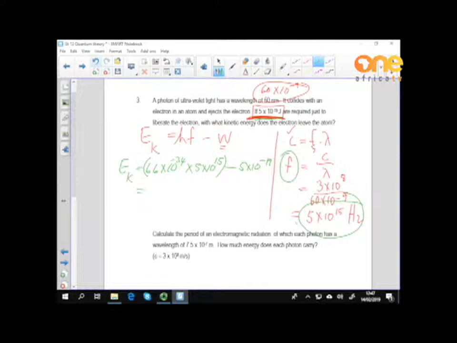It gives me 3.3 times 10 to the power minus 18 minus 5 times 10 to the power minus 19. And that will give me a value of 2.8 times 10 to the power minus 18 joules.